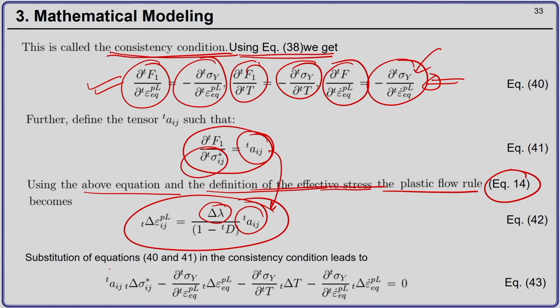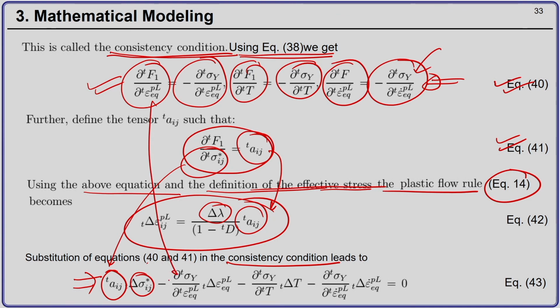So, if you substitute equation number 40 and equation number 41 in the consistency condition on the previous slide, you will get the following relation. So, this was this here, and this was delta sigma star, and this was here into delta epsilon equivalent plastic, into del sigma y by del T into delta T, minus this.